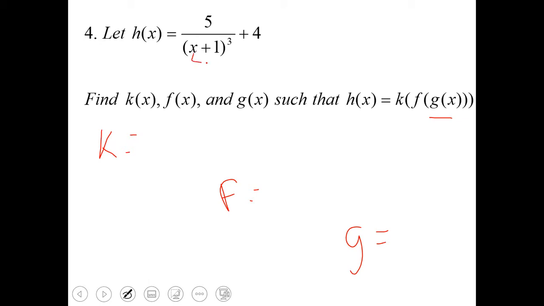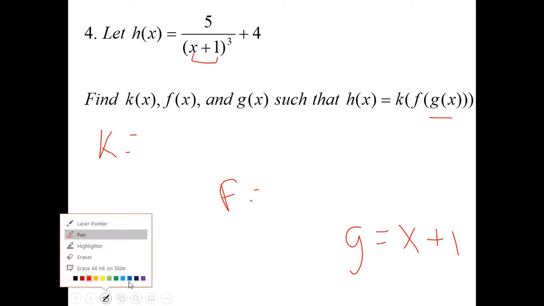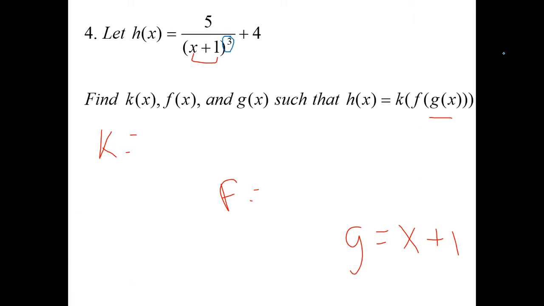So if I look as inside as I can, I see an x plus 1, so I'm going to make my g x plus 1. Then what is it that's being done to that x plus 1? Well, it appears as though it's being cubed. So if it's being cubed, then I'm going to need an x cubed. If I put my g into my f, I get (x plus 1) cubed.